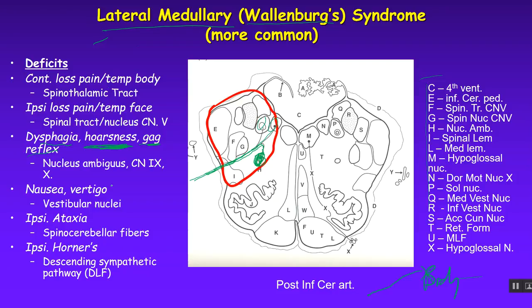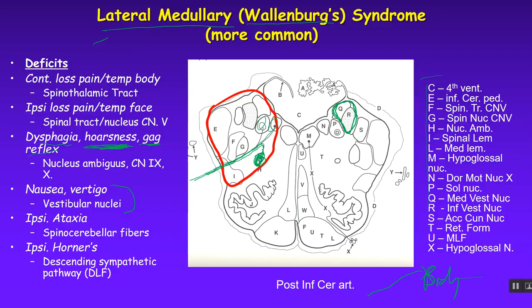You also are likely to have some nausea and vertigo, mainly because you've impacted the vestibular nuclei. Okay, so the vestibular nuclei here that are at this level are Q and R. We have 4 vestibular nuclei, and Christina Cooper is going to go into more depth on that, so you'll see where these are located. But at this particular cross section, you're only going to pick up 2 of them, because you're a little low where they come in right now.